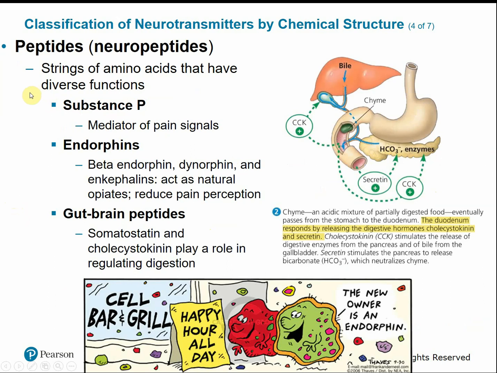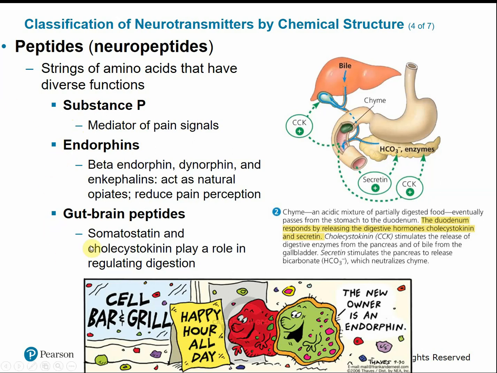Peptides or neuropeptides are just strings of amino acids that can play a role as neurotransmitters. Things like substance P helps to mediate pain signals from the body. Endorphins are kind of the body's natural opiates or natural pain relief. They just help to reduce the perception of pain.